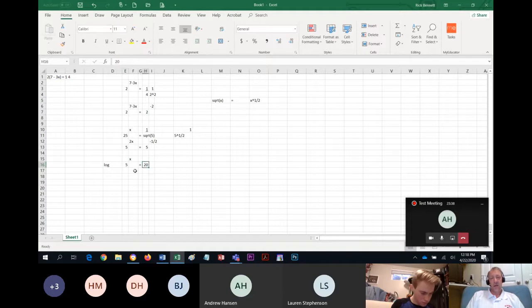Okay. So if we take the log of both sides, now I'm going to have to move this over. So we're going to take the log of both sides. And what happens to my x? Doesn't it just end up by itself? What do you mean ends up by itself?